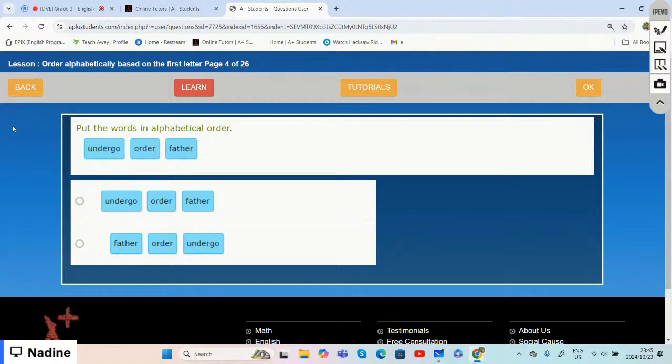All right. So if we were to put these words in alphabetical order, we have undergo, we have order, and we have father. This is the last one. Which one is correct?